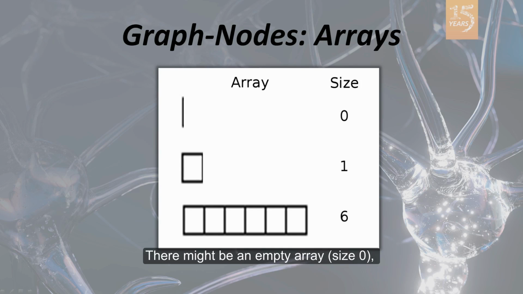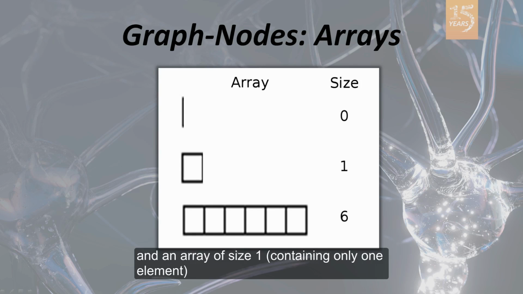An empty array is of size 0, and an array of size 1 is kind of special because it just contains one element and can be used just as a single element, like a standard number in a programming language, for example. And finally, arrays with sizes bigger than 1 contain several elements.